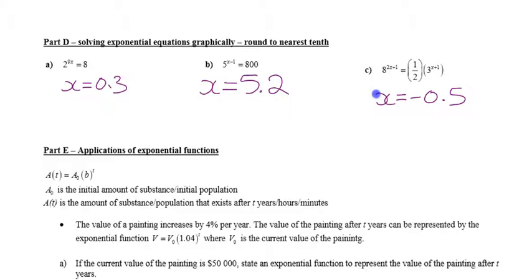Okay, any questions on these? Left side y1, right side y2. Look for the intersection. Sometimes you may want to look in the table on the calculator if you're not sure what your window should be. Go second function graph, look in the table and say, I want y1 and y2 to be about the same value. When are they getting close to each other? That'll help you to set your window so you'll know where to look.